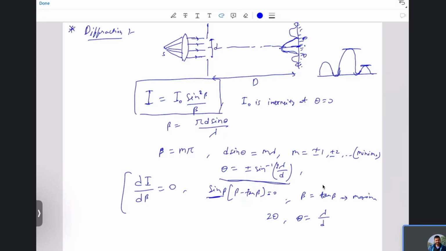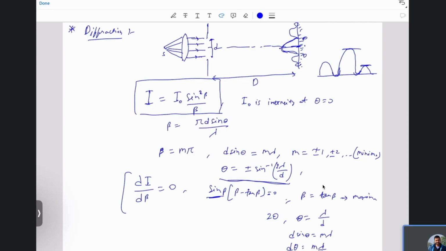You sure? d sine theta is equal to m lambda.